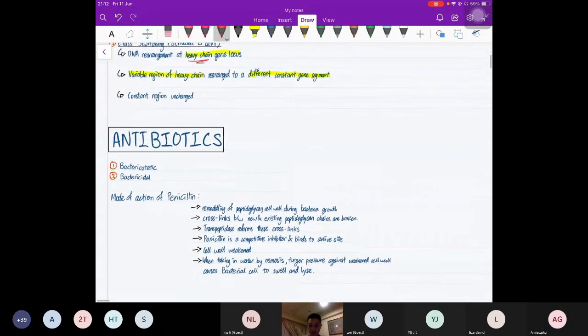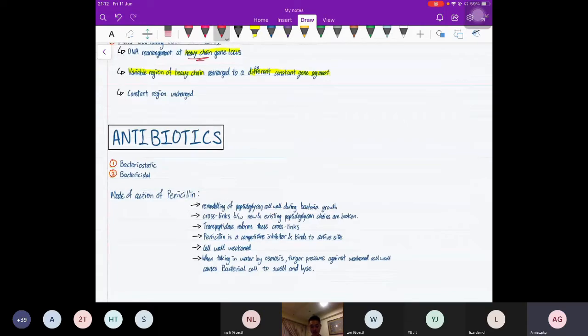Okay. Next, we're going to talk about antibiotics. There are two types of antibiotics: bacteriostatic and bactericidal. Bactericidal, you can think of it as killing, like homicide, and static just means they're not moving.